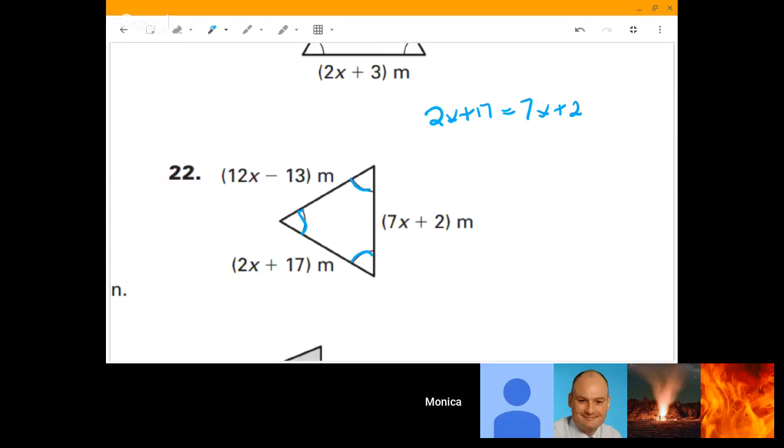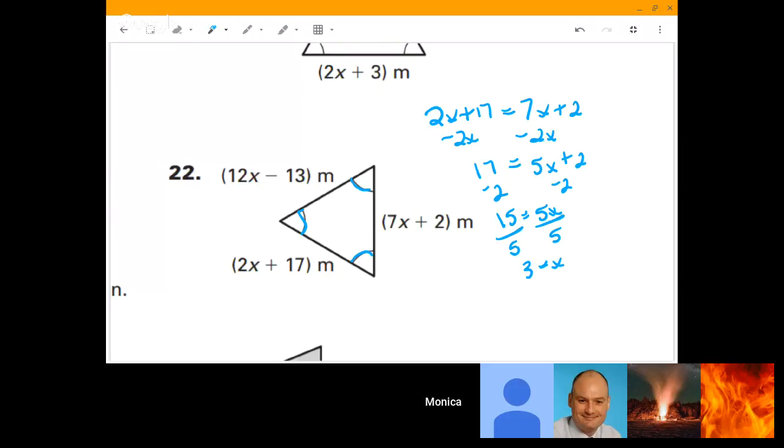The way that we would do that is subtract 2x. So 7x minus 2x leaves you with 5x. And then I'm going to subtract 2 from both sides. So you get 15 equals 5x. And then divide both sides by 5.